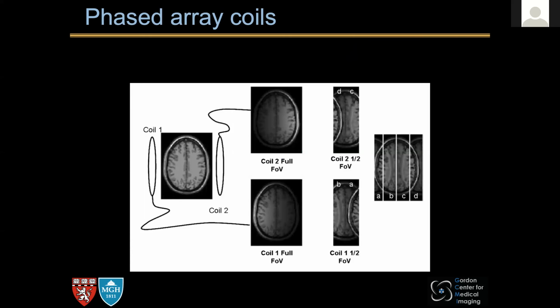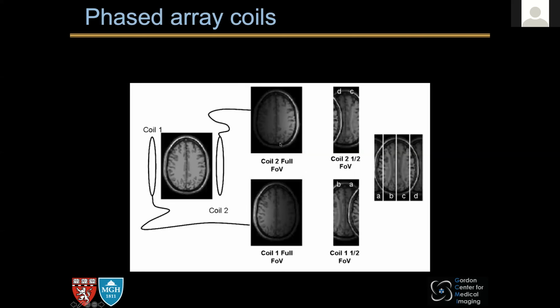This is another very popular example, called phased array coils. The idea is we have coils at different positions around the imaged object, and each coil has different sensitivity information that is known in advance.